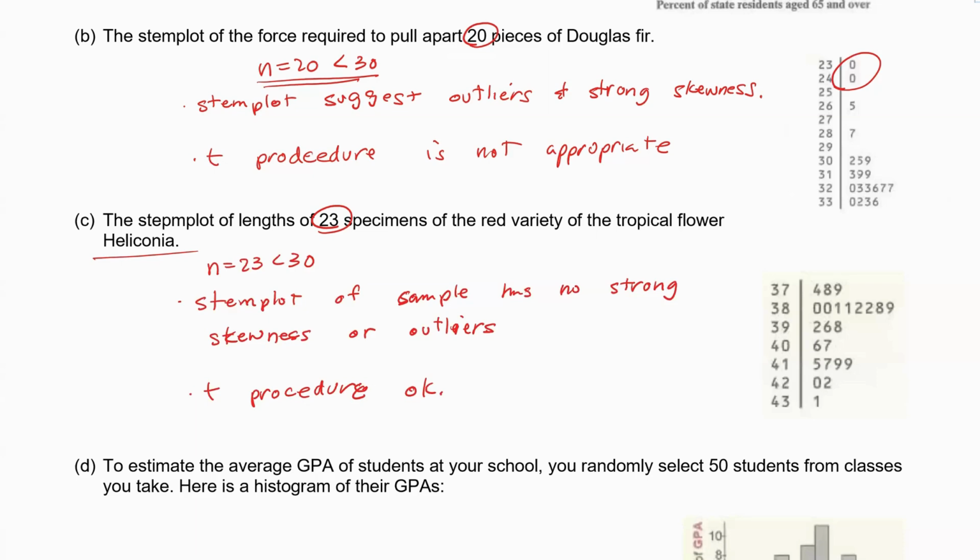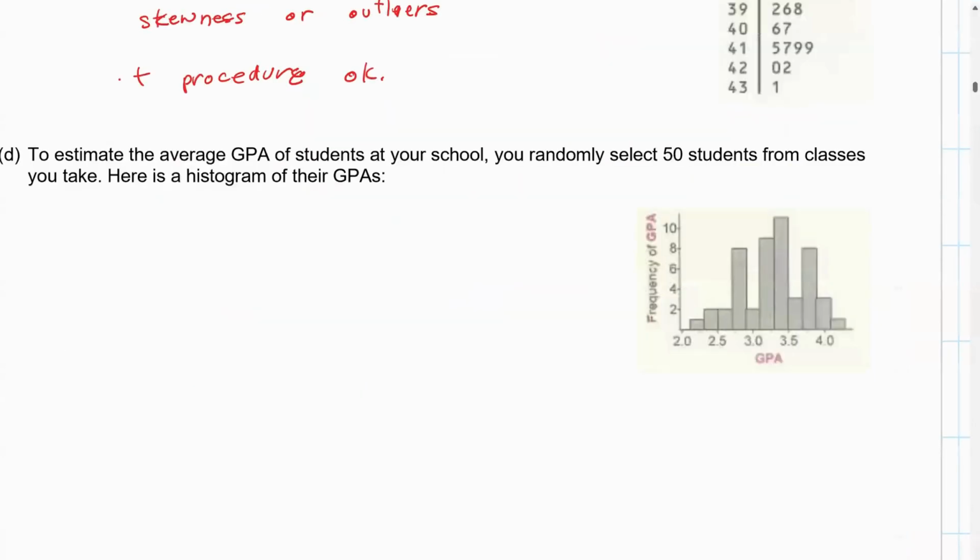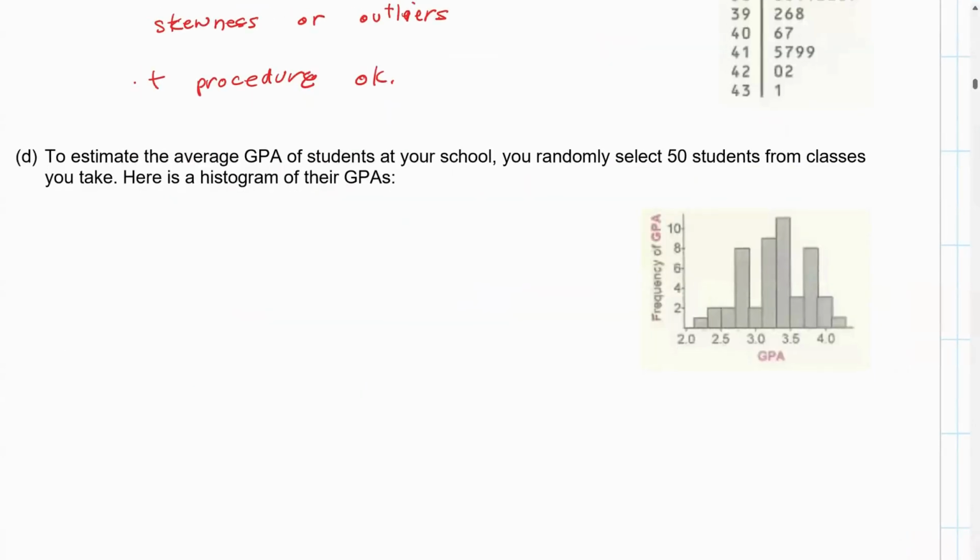All right. Last one. You estimate the GPA of students at your school. You randomly select 50 students from classes you take. Here is the histogram of their GPAs. Okay. Well, if our population are students from classes that you take, then this is a random sample.